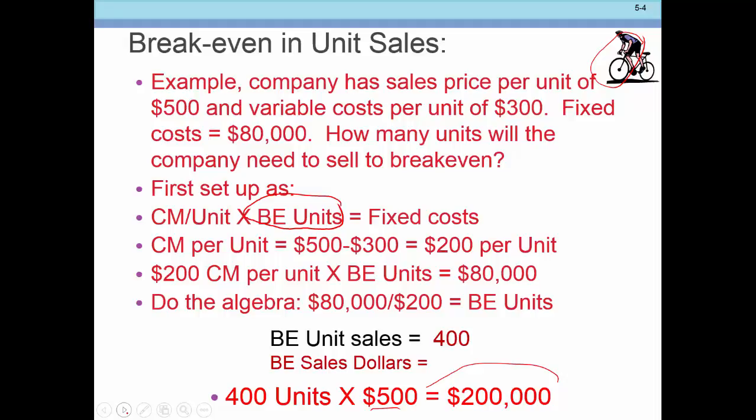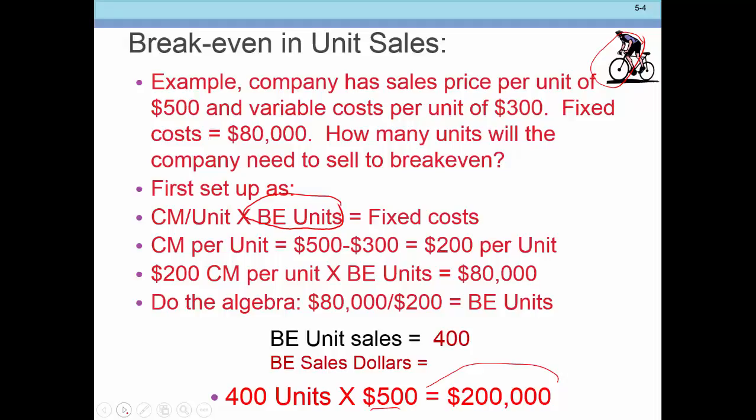We cannot sell that bike if we don't put the materials in that bike, if we don't put the direct labor in there, and if we don't incur any variable manufacturing overhead, right? We got to incur those variable costs to even have a bike to sell. So we always take the variable cost per unit off of the sales price, meaning we're left with $200 per bike to cover our fixed costs, right?